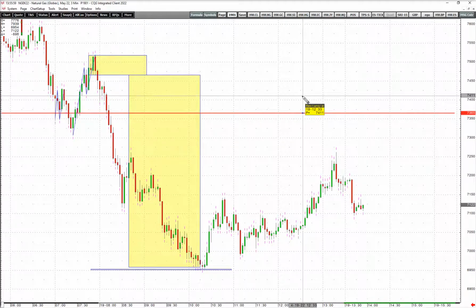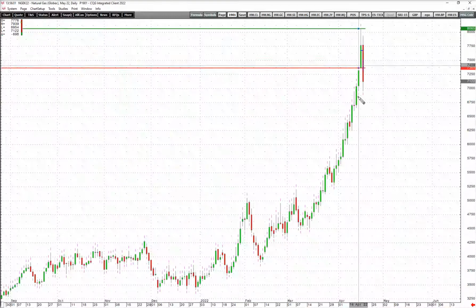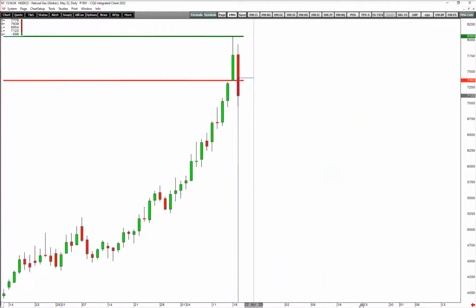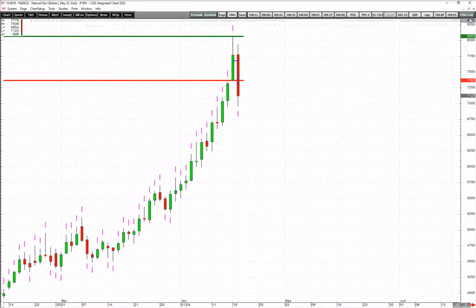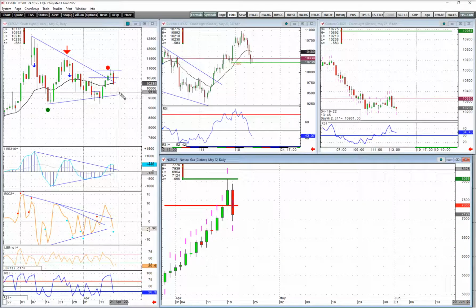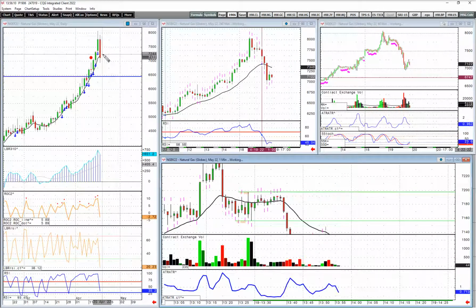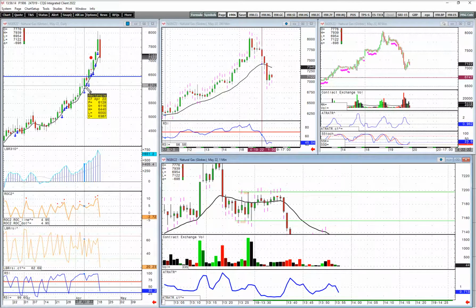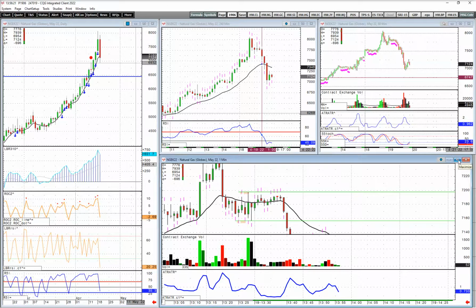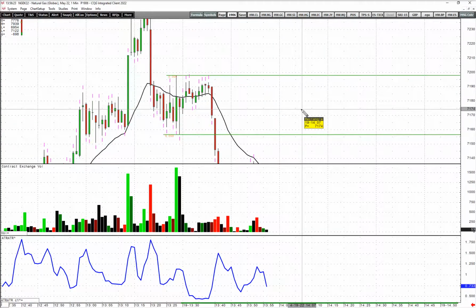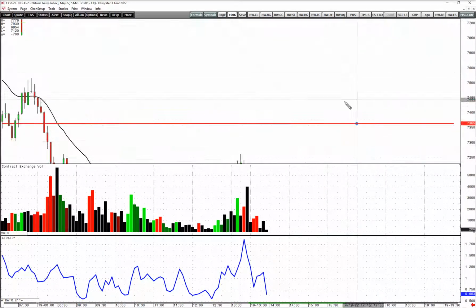Then what's setting up now on natural gas is we have our first close below the 5-period SMA. That would be more clear on the natural gas homework page. These arrows represent the 7th, 8th, 9th, 10th, 11th, 12th, 13th day above, first day below. I would expect there to be a little bit of a pop-up. One way to find that pop-up is to look for a U-turn.